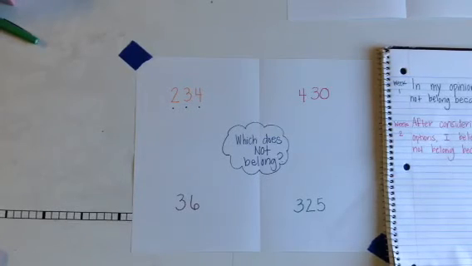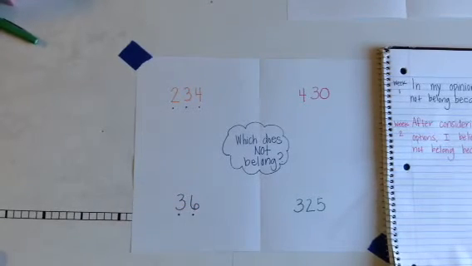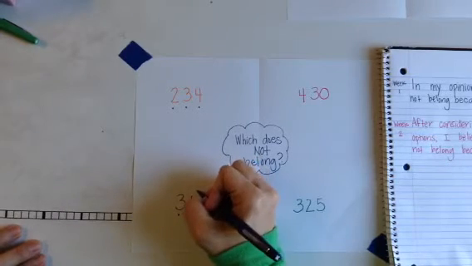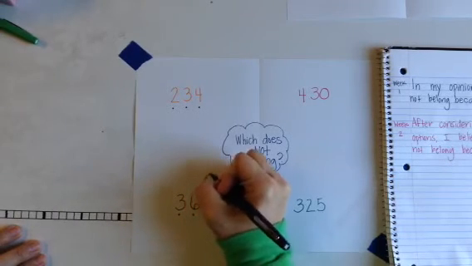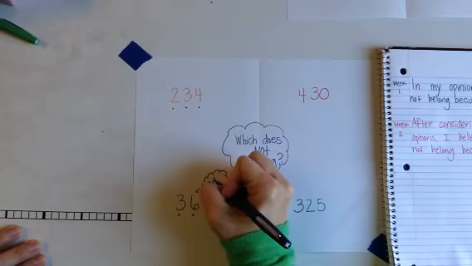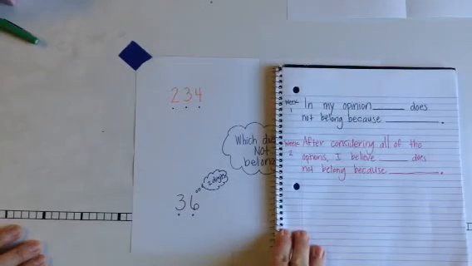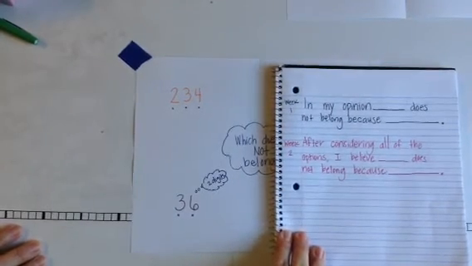Which one is that? If you're thinking 36 is a 2-digit number, you are correct. So I'm thinking that this one may not belong because it's 2 digits. So I'm going to use a sentence frame to try to express my thinking.